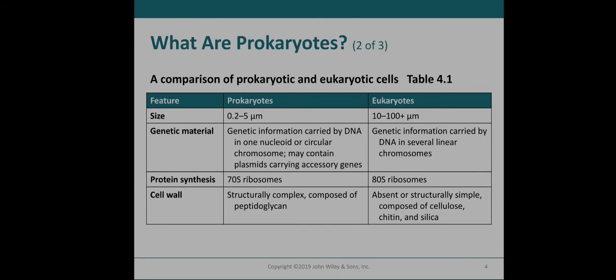The cell wall of the prokaryotes is more structurally complex and made up of peptidoglycan layers, versus those of the eukaryotes, where some eukaryotes do not even have a cell wall, such as us humans. We are made up of eukaryotic cells, and we do not have a cell wall. And for those that have a cell wall, such as plants, it is usually structurally simple.